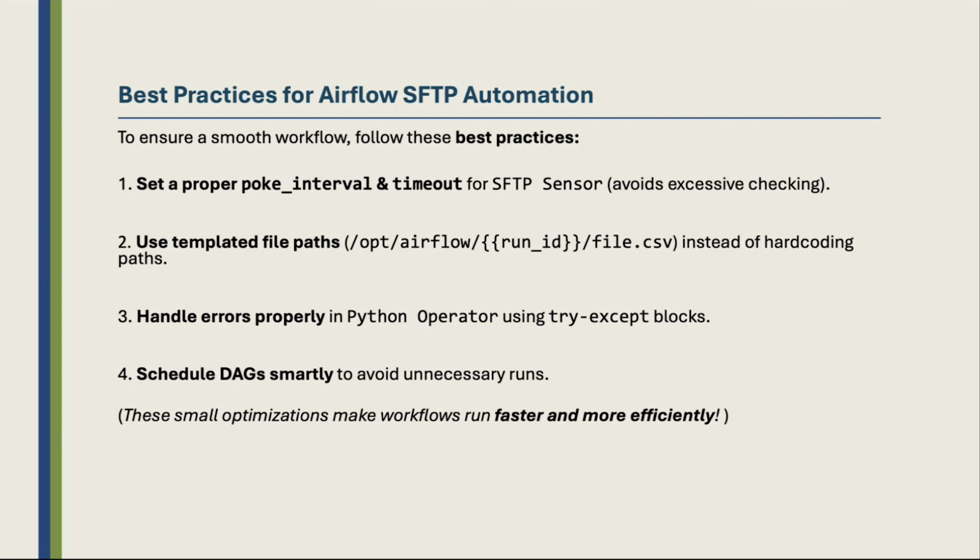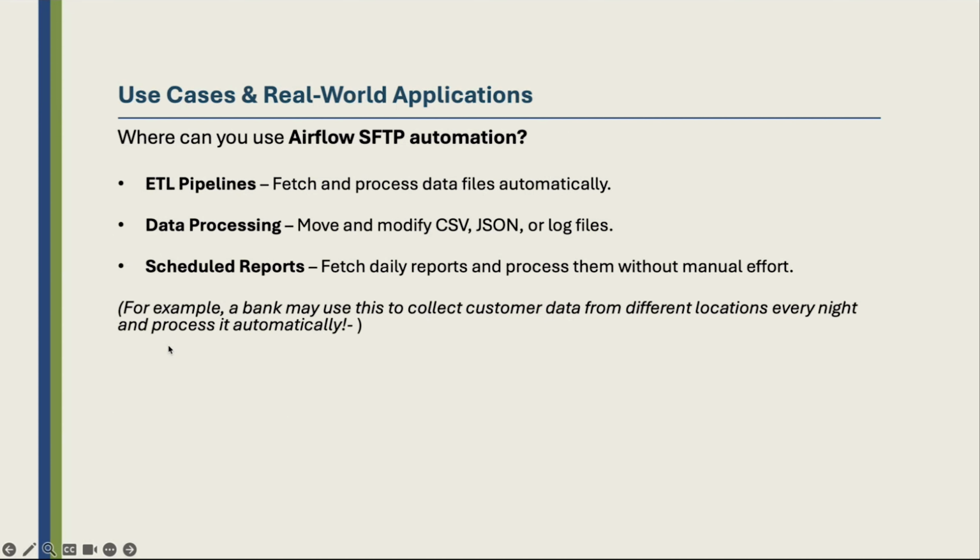We need to optimize efficiently by using sensors, and properly handle errors, especially in the Python operators. You can use try except blocks. You can also always use variables. Don't do any manual hard coding; just define the variable values and use them.